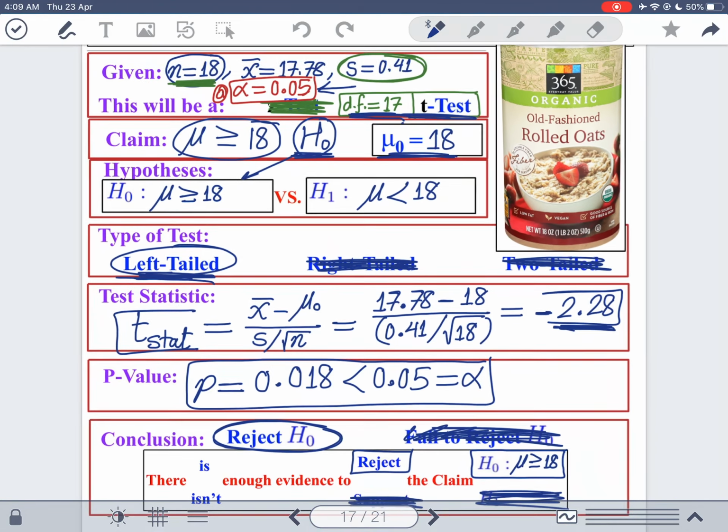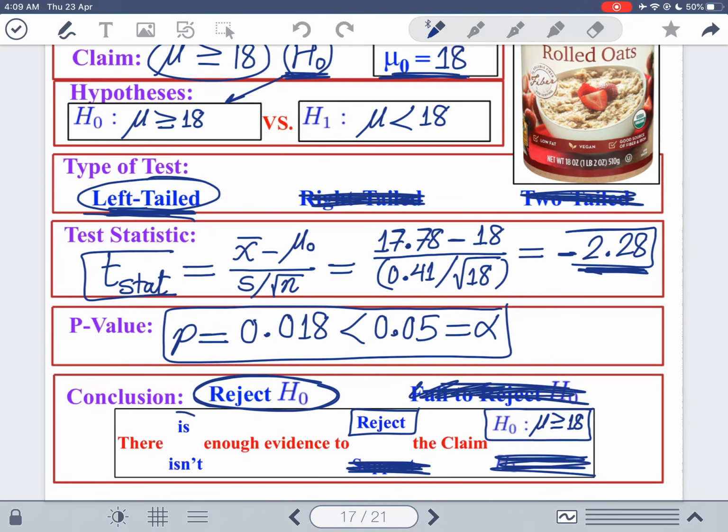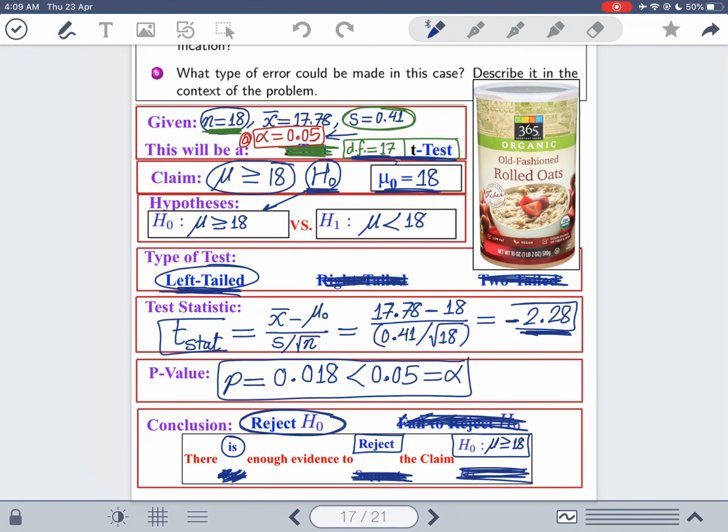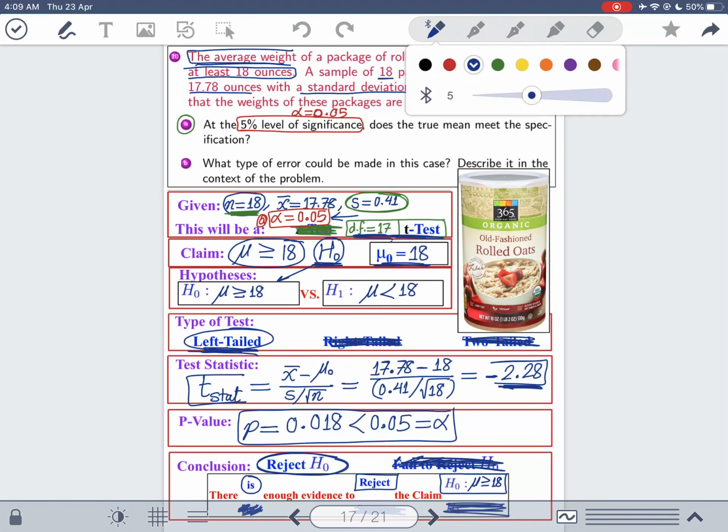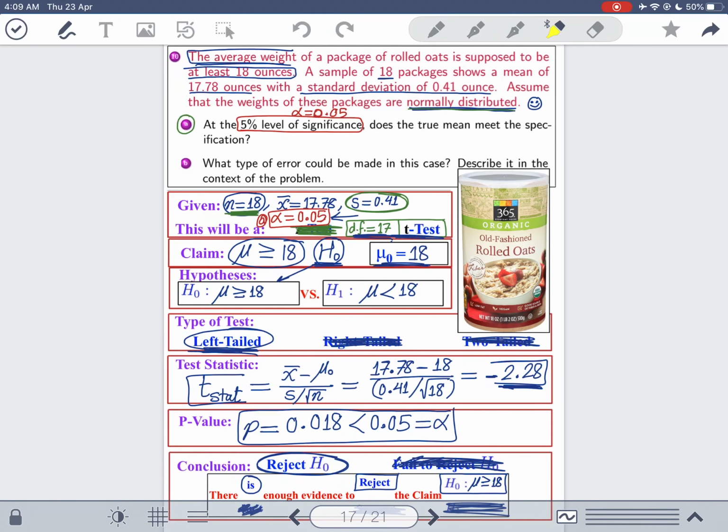Very nice. And since you rejected H0, you'll say there is enough evidence to reject the claim H0. So since there is enough evidence to reject the claim, what does this mean? Well, what was the claim? The claim was that the average weight, if you want, I'll highlight the claim. The average weight of a package of rolled oats is at least 18 ounces.